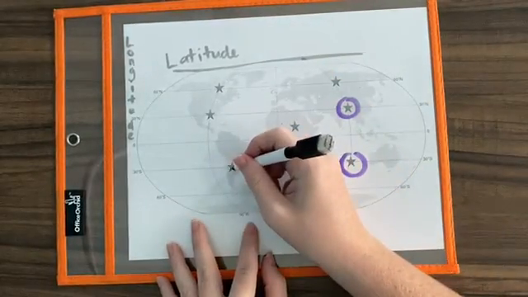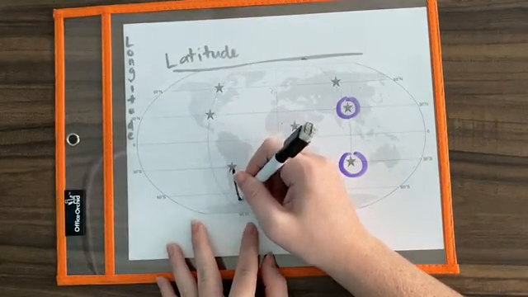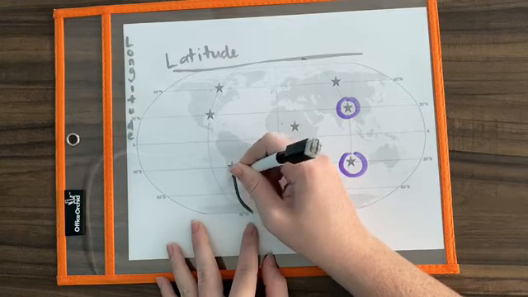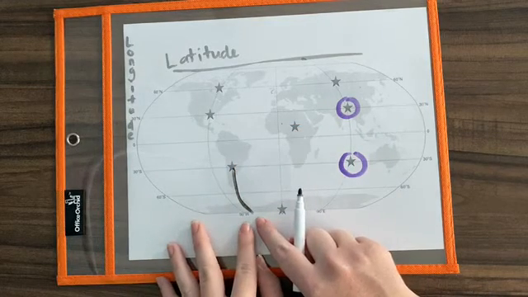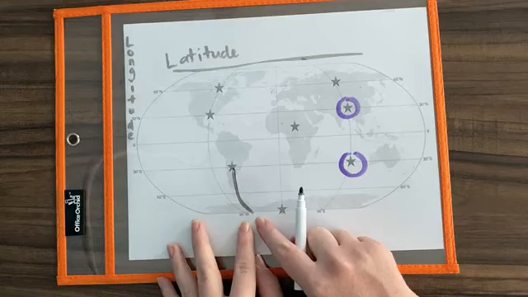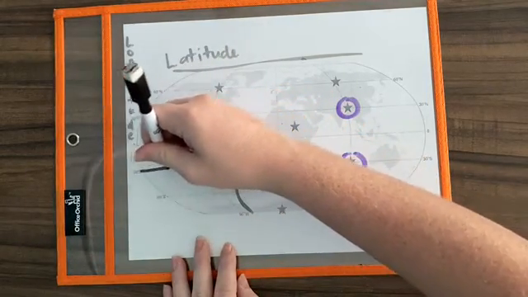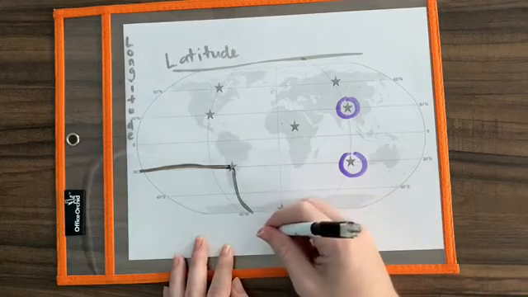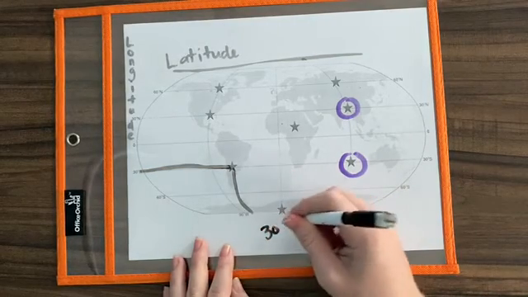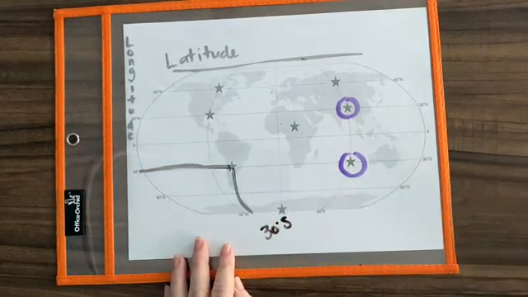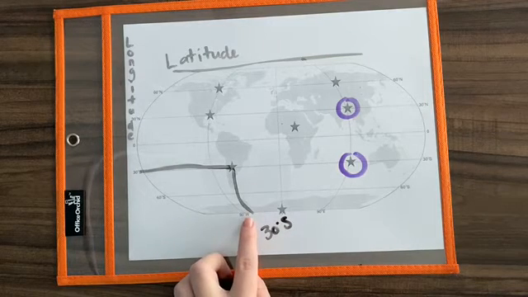So this first one isn't on a longitude line, but it is on a latitude line. We know that it's on 30 degrees south, but we have to guess what it is down here.